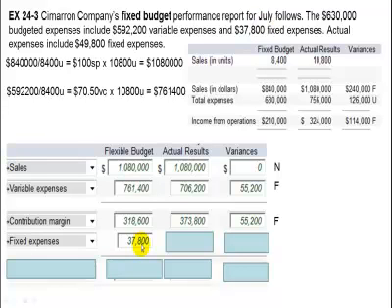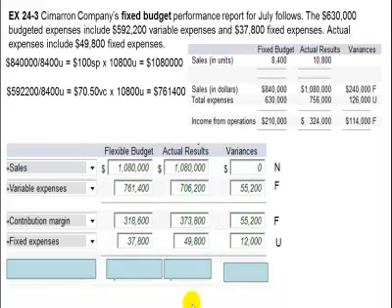So 37.8 is going to be our flexible level also. And they told us that actual fixed expenses were 49.8. So we've got actual 49.8 compared to the budgeted amount, 37.8. So our variance is going to be $12,000, and it's going to be unfavorable because it's higher than it should be.